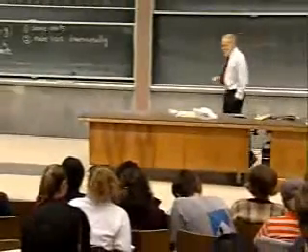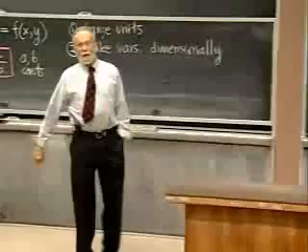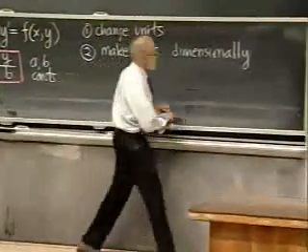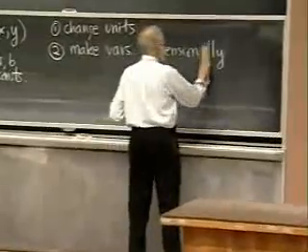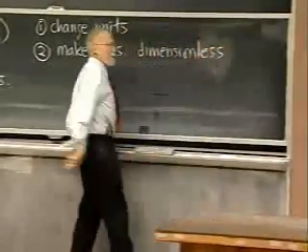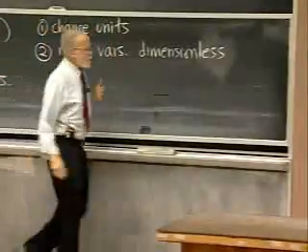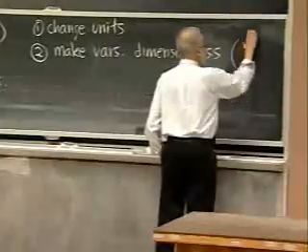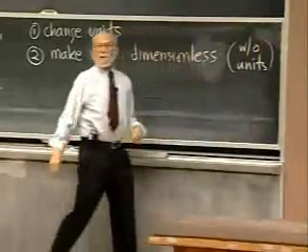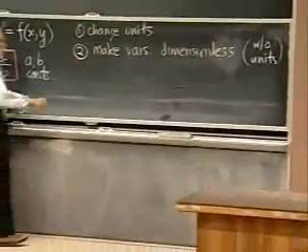Since you're well aware of the tortures involved in dealing with units in physics, the point of making variables dimensionless, I don't have to sell that. Dimensionless, i.e., without units. It represents the number 3, not 3 seconds or 3 grams or anything like that.